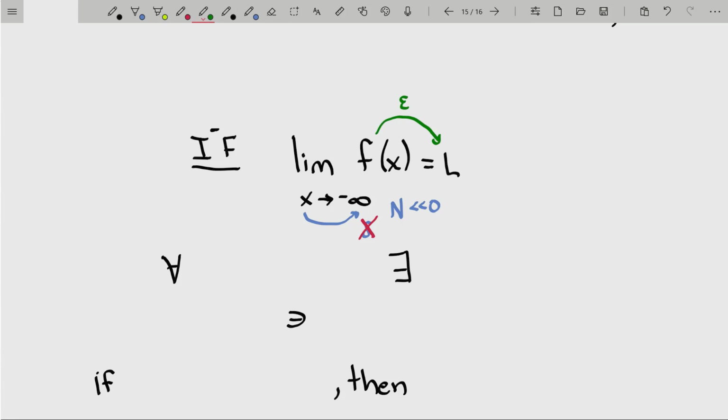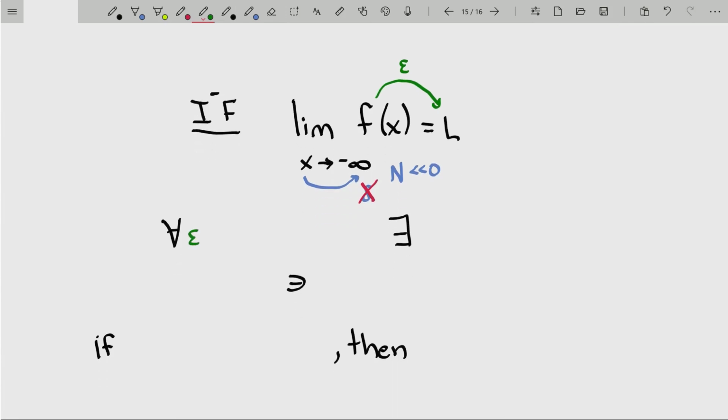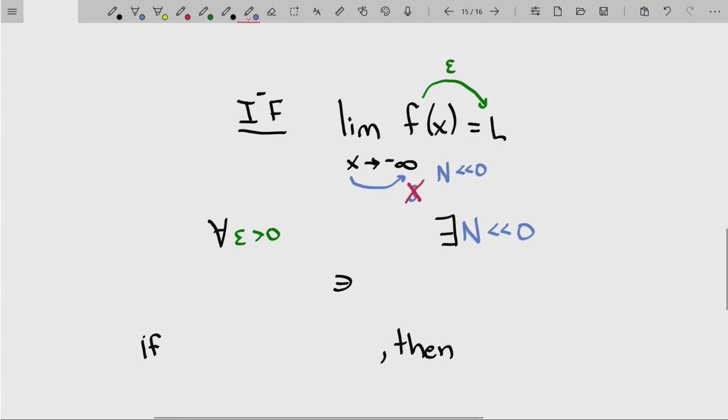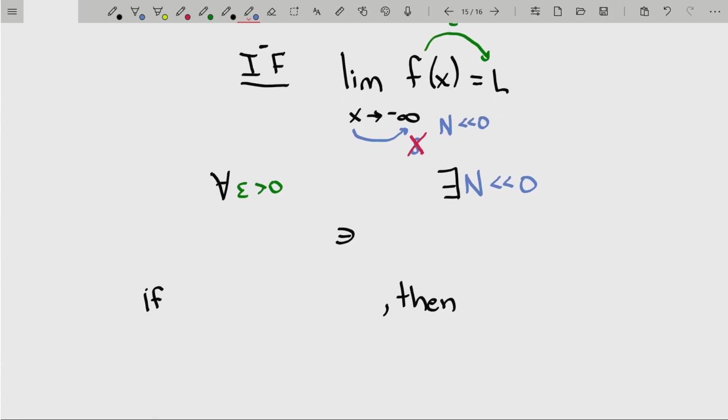The function we have: for all epsilon greater than 0, there exists, well, the constraint on the x values is that we have an n that's much less than 0, such that if, now we need a statement involving our x values and that n, well, x is going to negative infinity, so it better be less than that n.